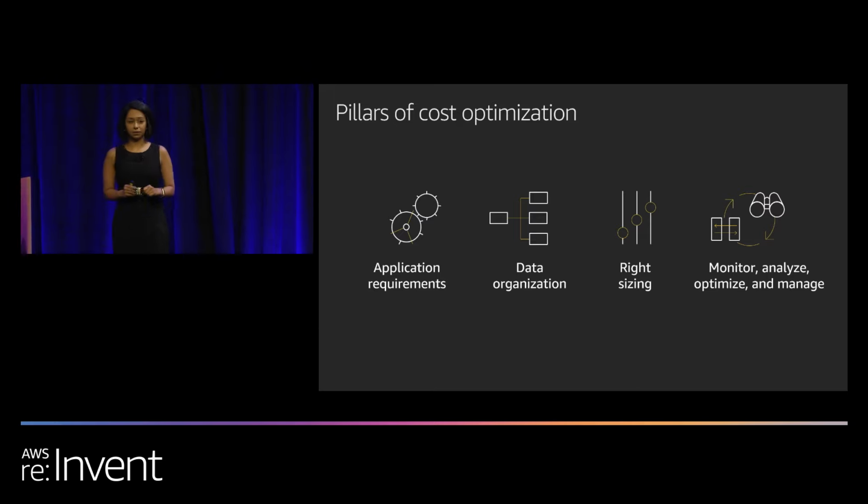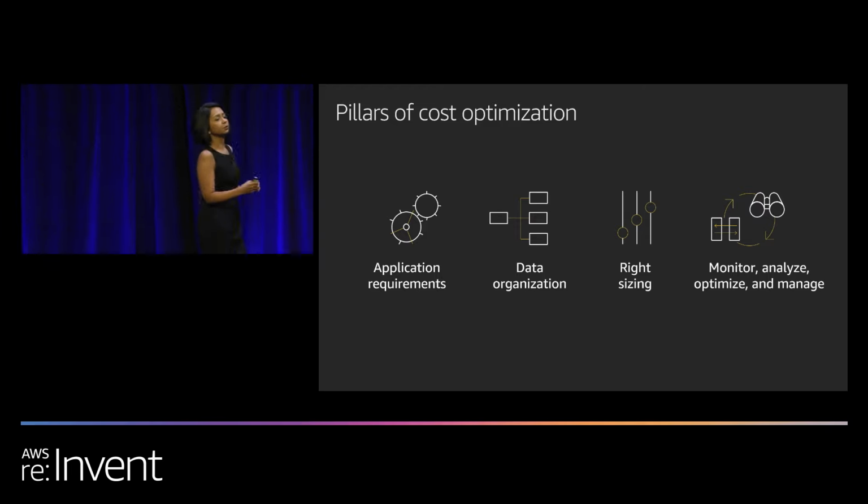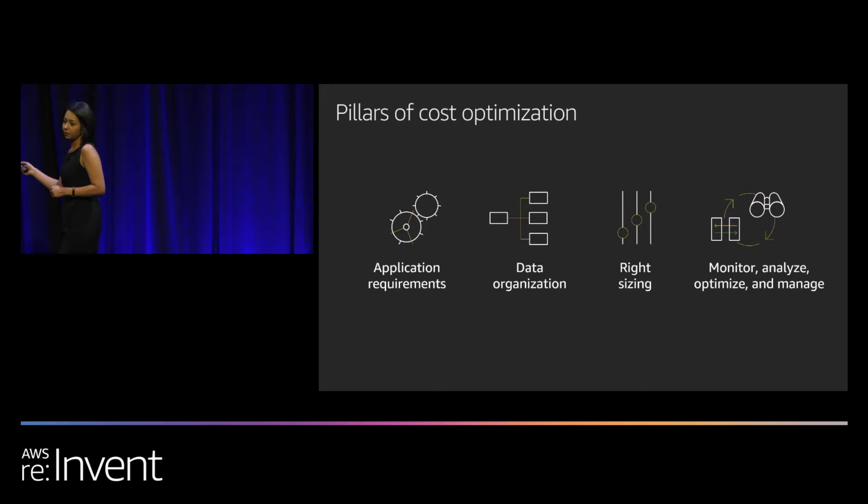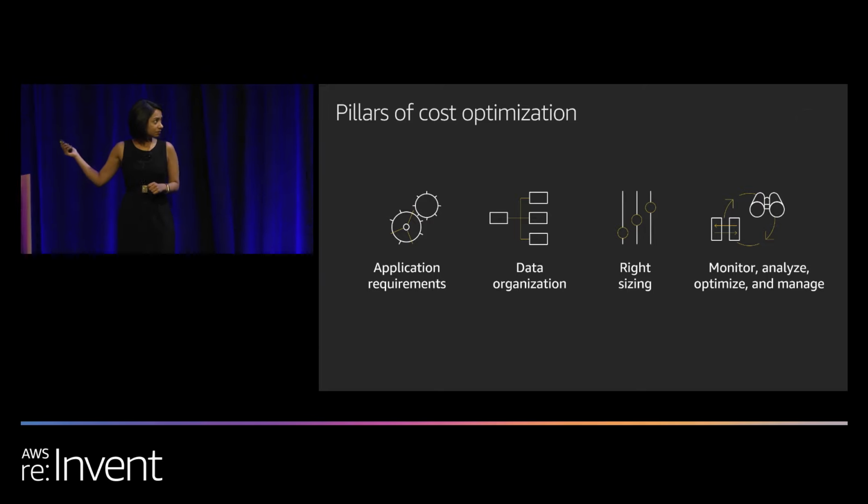The final pillar here is about, once you've done these 3, you want to monitor, analyze, and recheck those assumptions. Have you figured out the right application requirements? Did you put all the data in the right places? And if not, you want to go back to this process and repeat it. So it's not a one-time process. It's a continuous step. And we'll get into all of these.